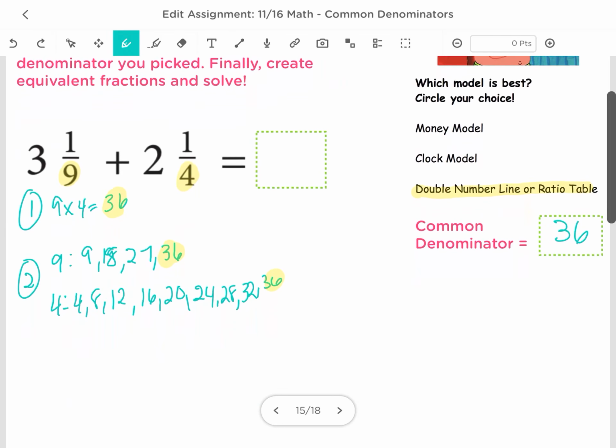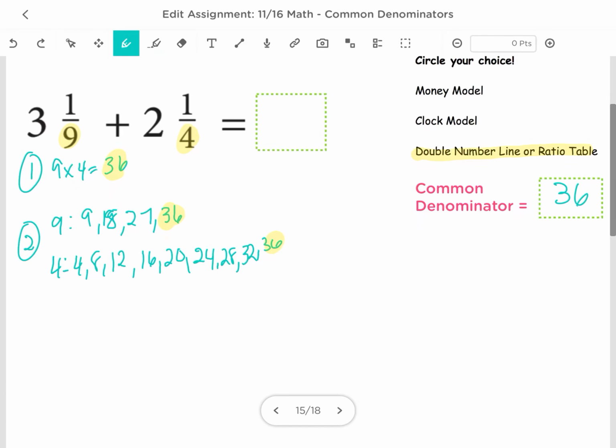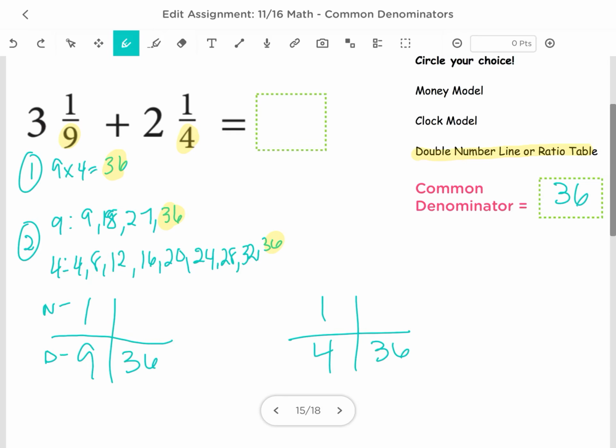All right, now let's ratio table this so we can change our fractions. I'm going to forget about my whole numbers right now, and I'm going to make a ratio table for 1/9 and for 1/4. And I want my denominators now to be 36. Okay, so here are my numerators and my denominators. So I want to start by looking. 9 times 4 gets me to 36.